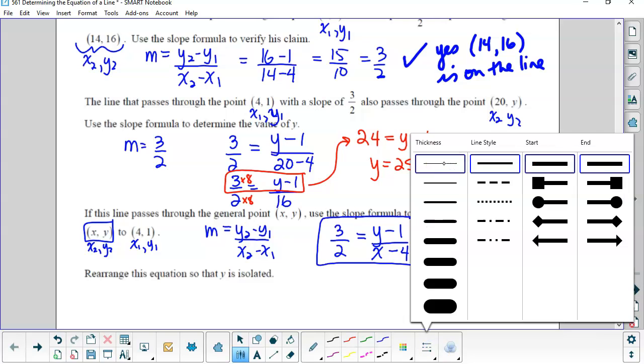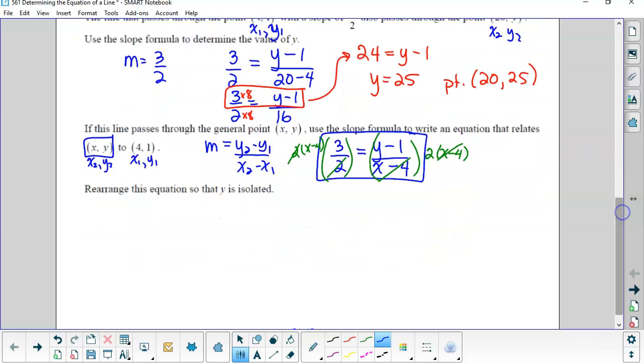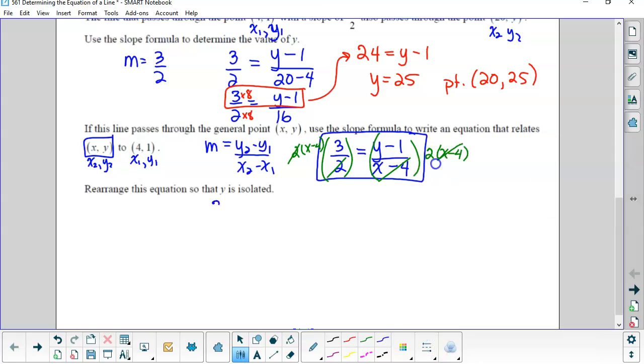I'm going to multiply both sides by 2 times (x minus 4), the lowest common denominator, or you can think of it as cross-multiplying if that's what you like. Then I will have 3 times (x minus 4) equals 2 times (y minus 1). I'm going to expand out.